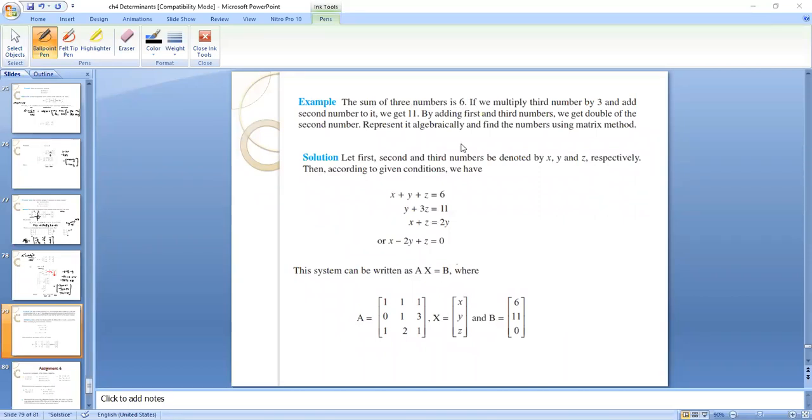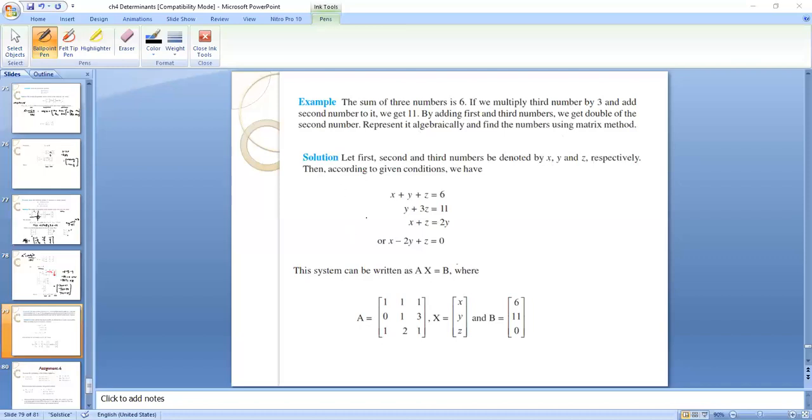You are not given what the three numbers are, you are only given that the sum of three numbers is 6. If we multiply third number by 3 and add second to it, we get 11. By adding first and third number, we get double of the second number. Represent it algebraically and find the numbers using matrix method.